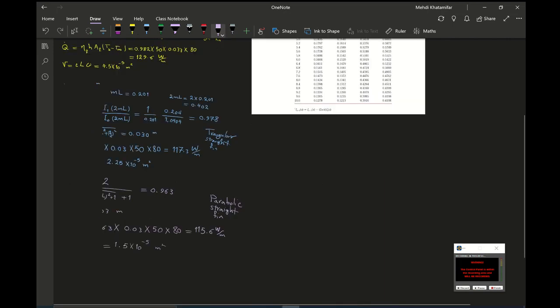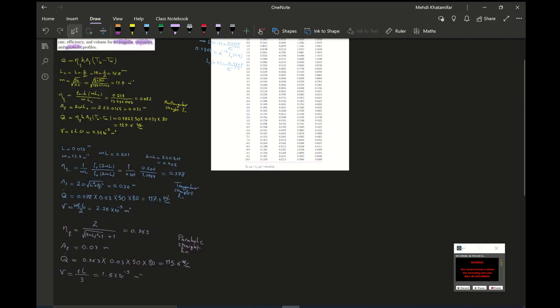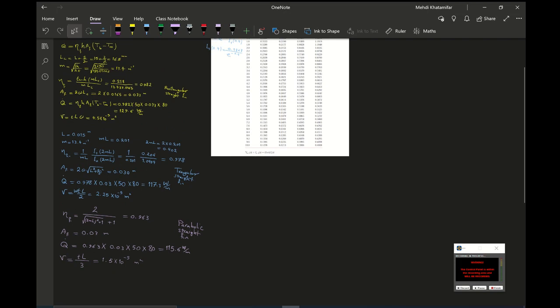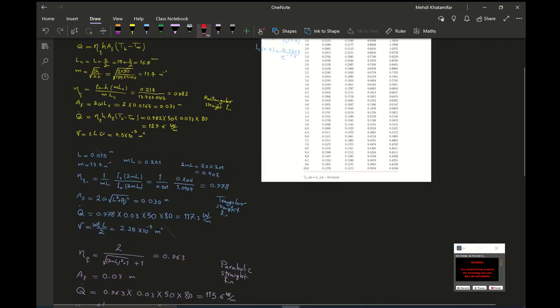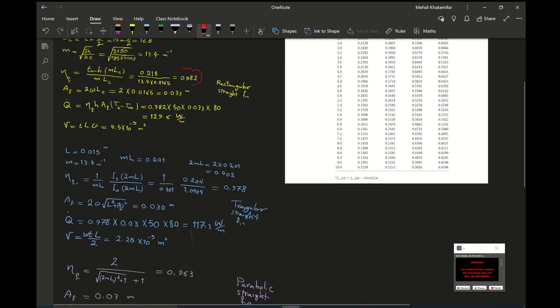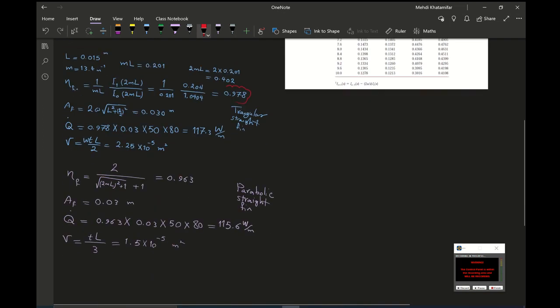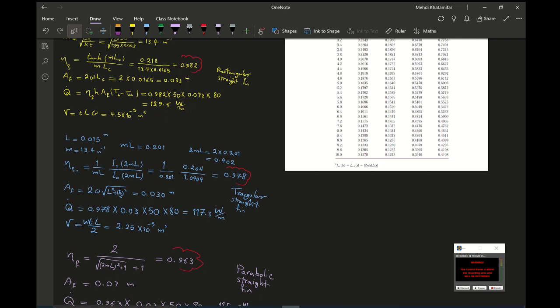Let's have all of them on one page. Now you can see that fin efficiency for the rectangular one is 98%, for triangular 97%, and for parabolic 96%. So the lowest efficiency belongs to the parabolic one.